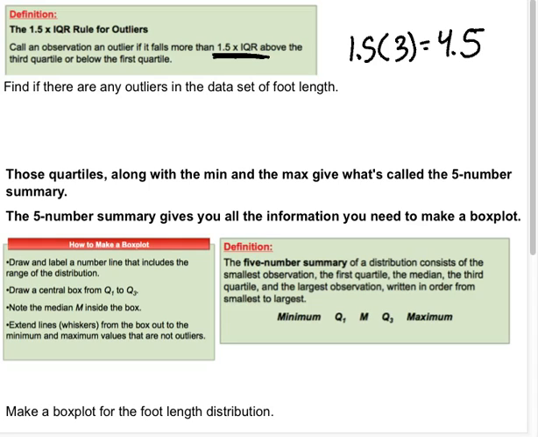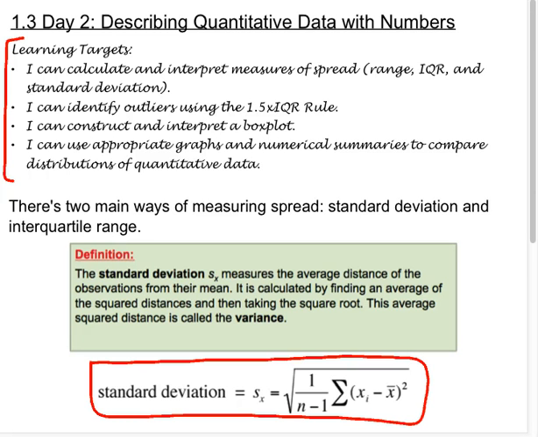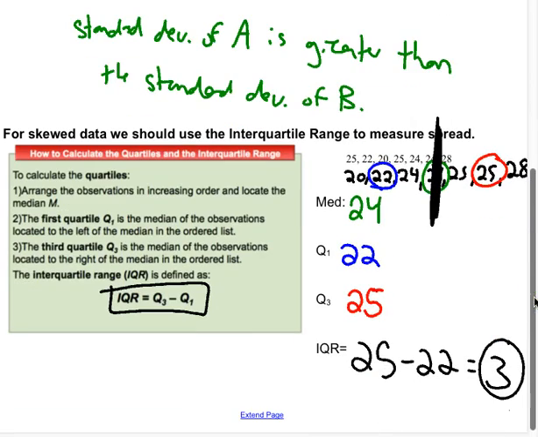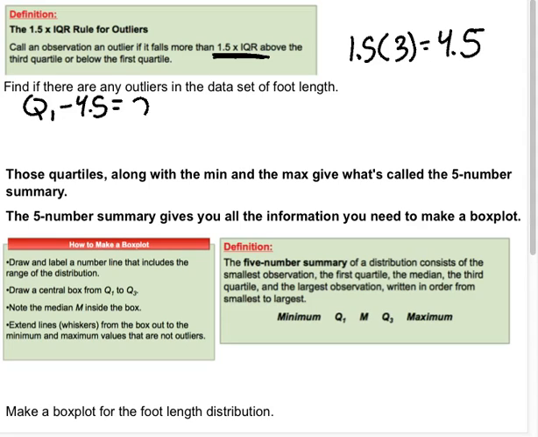Okay? So we're going to take Q1 and subtract off that 4.5. Q1 was 22. So 22 minus 4.5 is going to be 17.5.